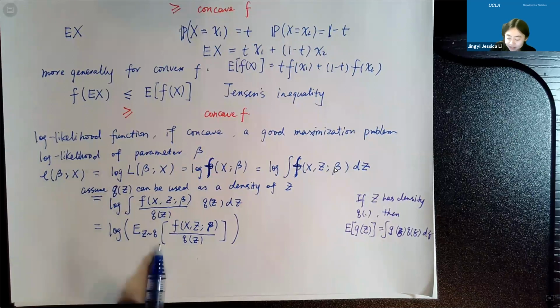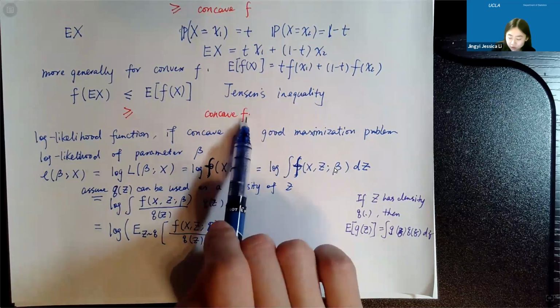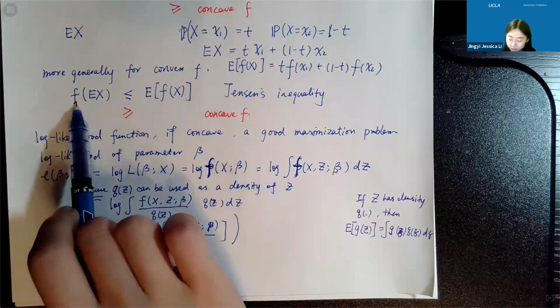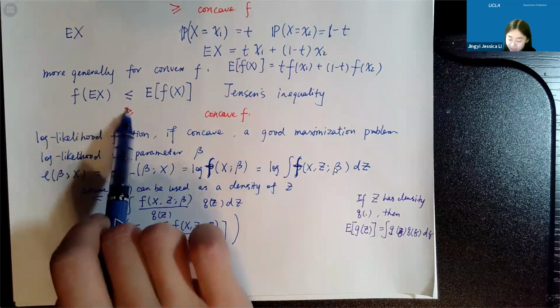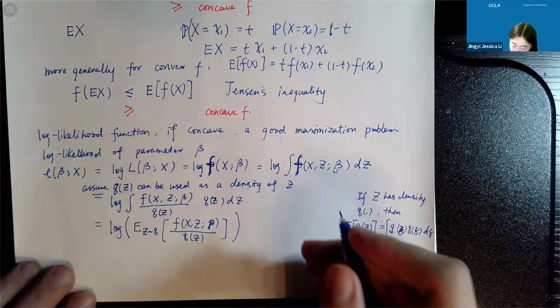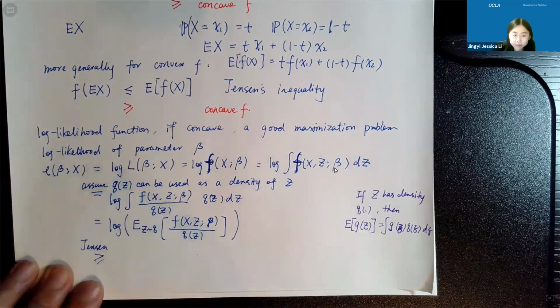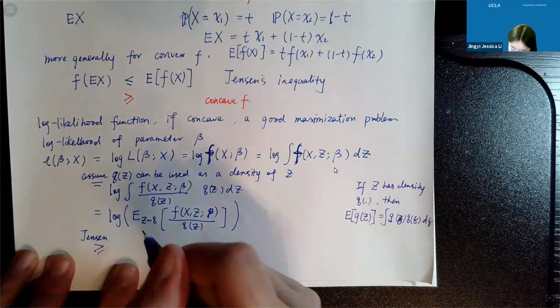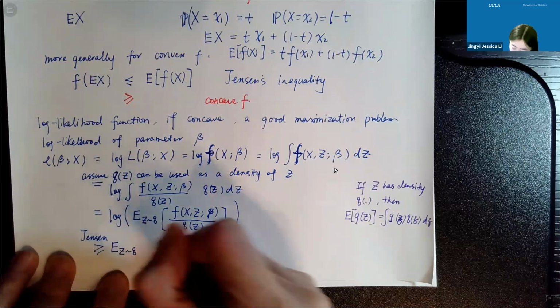After getting here, you see Jensen's inequality can be applied. Log is a concave function. Therefore, when it's concave and we use log for f, the log of the expectation will be greater than or equal to the expectation of the log. So by Jensen's inequality, I have the expectation over Z following q.